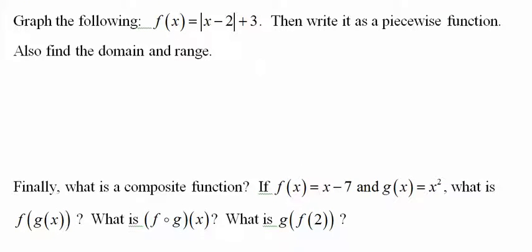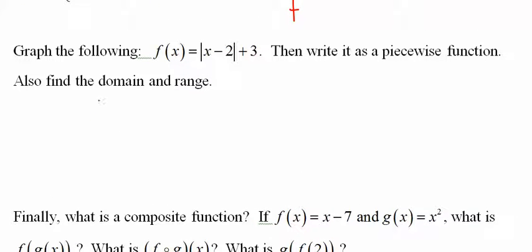And an absolute value. Hopefully you remember this. Plus 3 brings us up 3. Minus 2 should go left, but it's messed up. It goes the other way. Nothing else changes. So we go up to the right, 45.